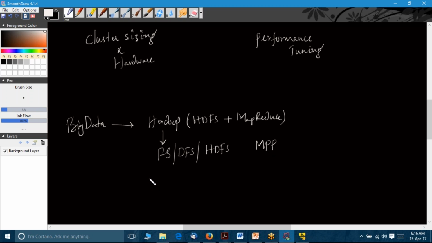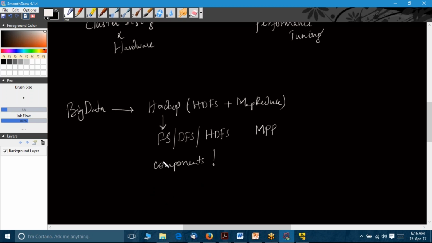And then we discussed components of the Hadoop ecosystem, and something related to the Linux file system.